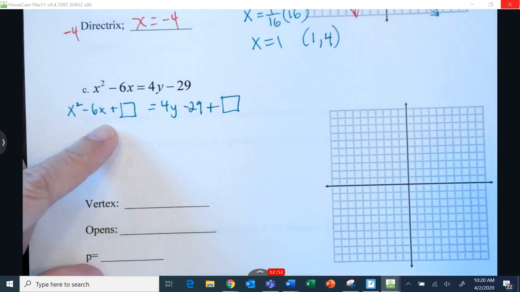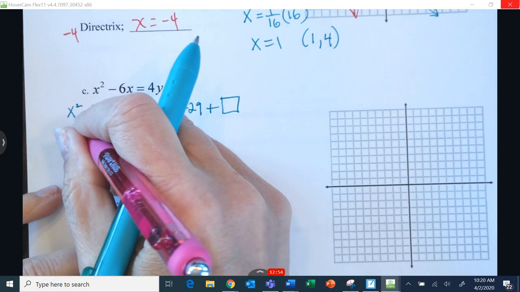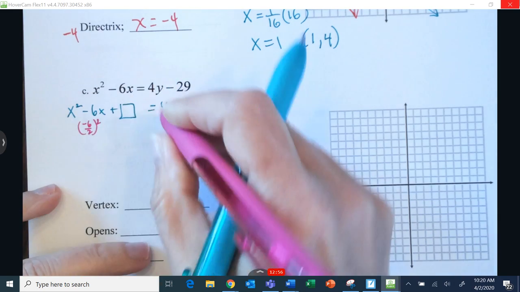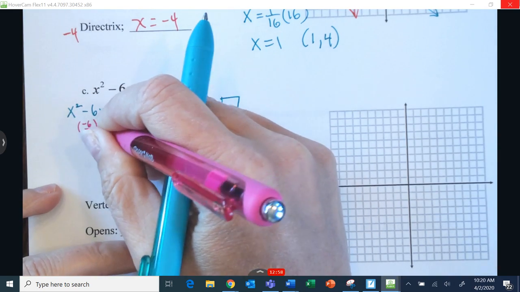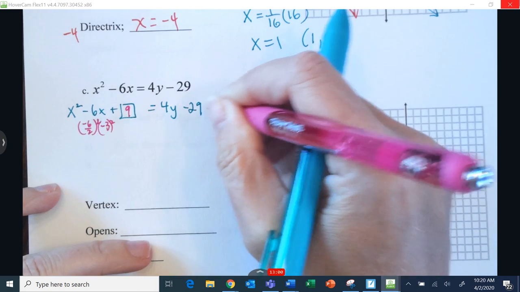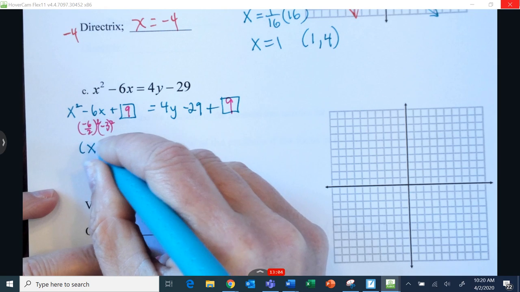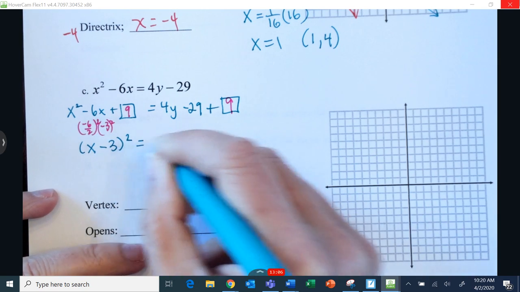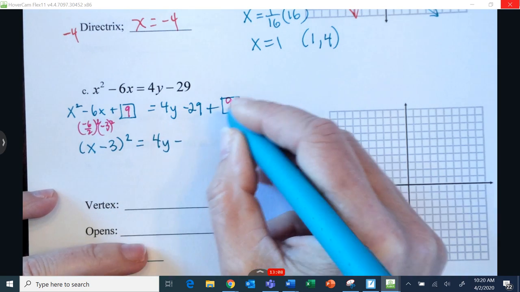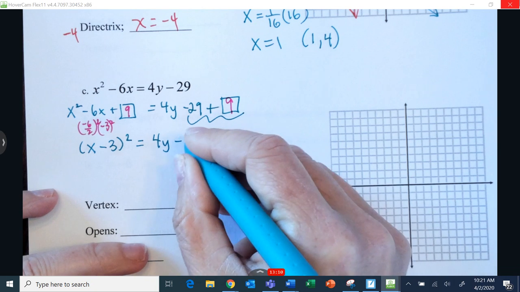We're going to complete the square by doing -6 over 2 squared, which is -3 squared, which is 9. And I'm going to factor it. (x minus 3) squared equals 4y minus, let's add this together, 20.